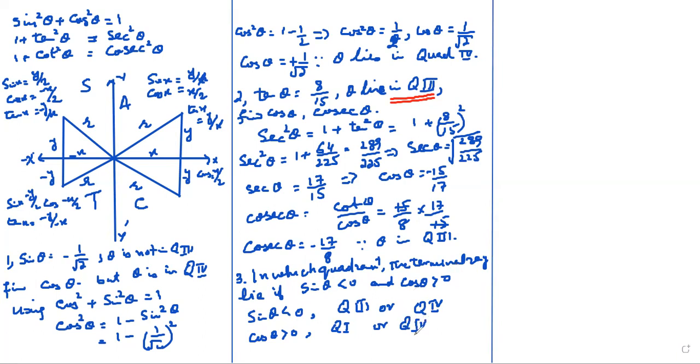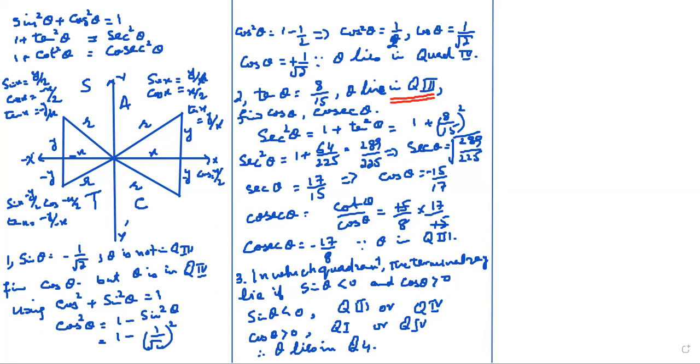So quadrant 4 is common to both. Therefore, theta lies in quadrant 4. I hope you understand it well. Let's move to the next question.